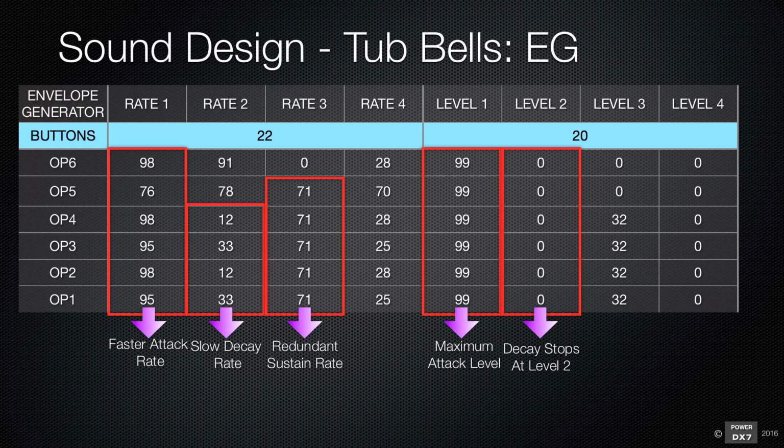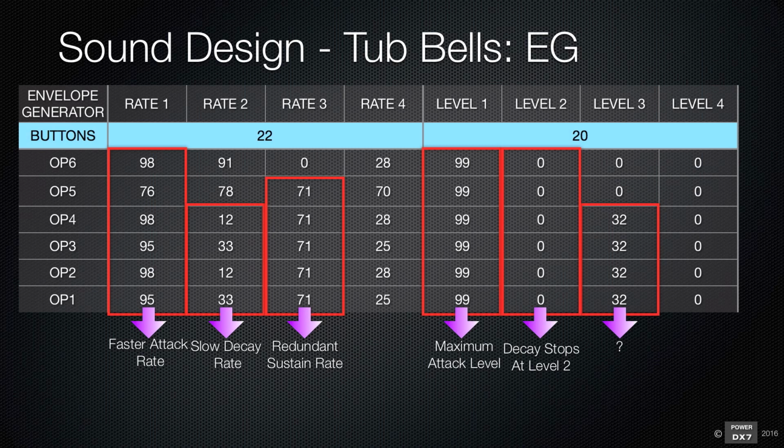If we look at rate 3, from operators 1 to 5, it's set at 71. Then if we look at level 3, from operators 1 to 4, it's set at 32. Interesting thing about this is that when you press a key longer, you can actually hear a faint sound of the tube bells.